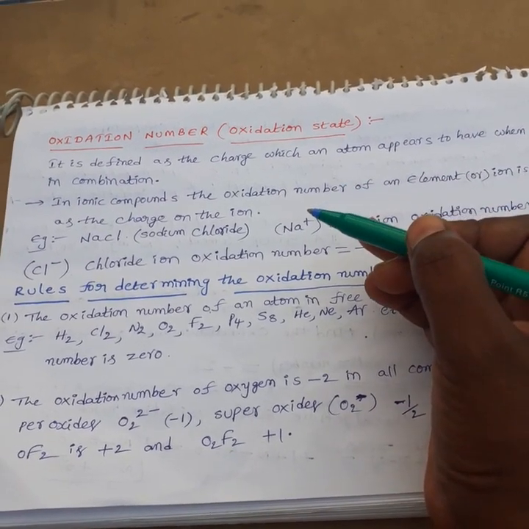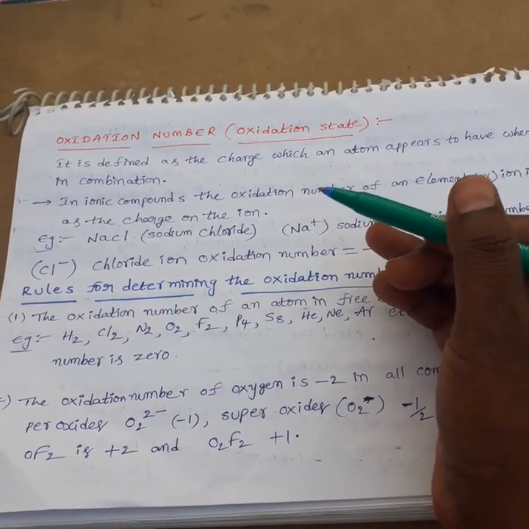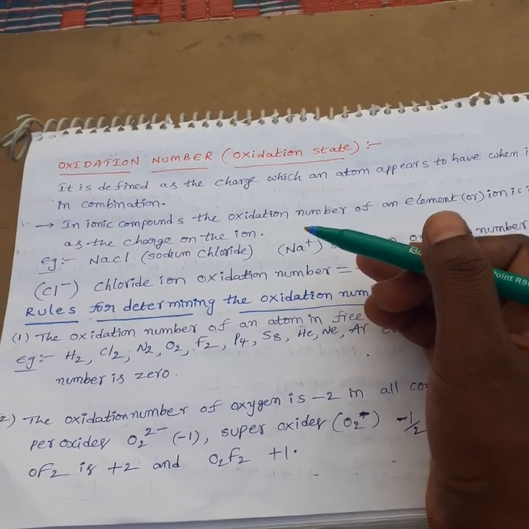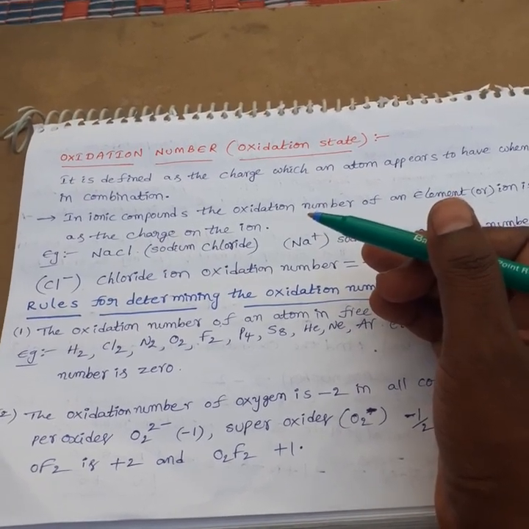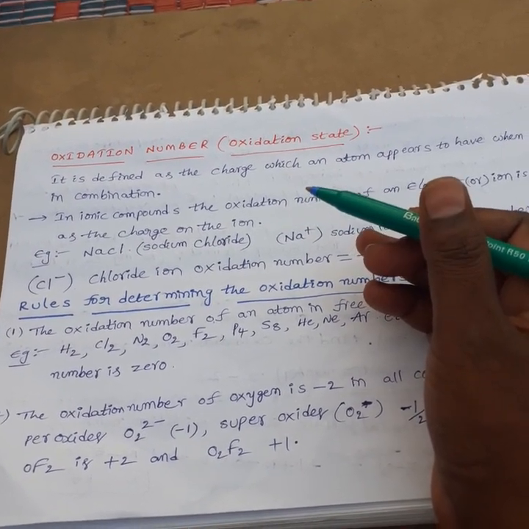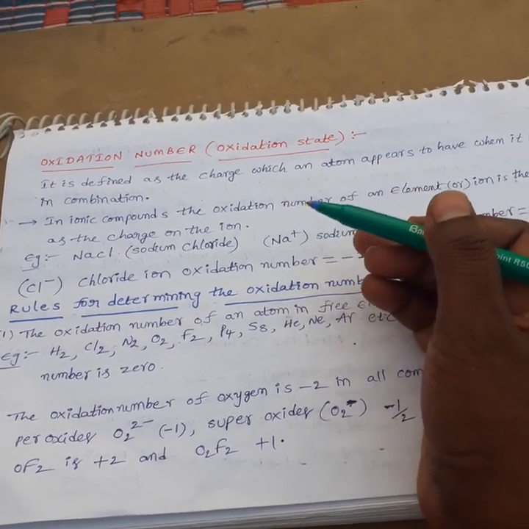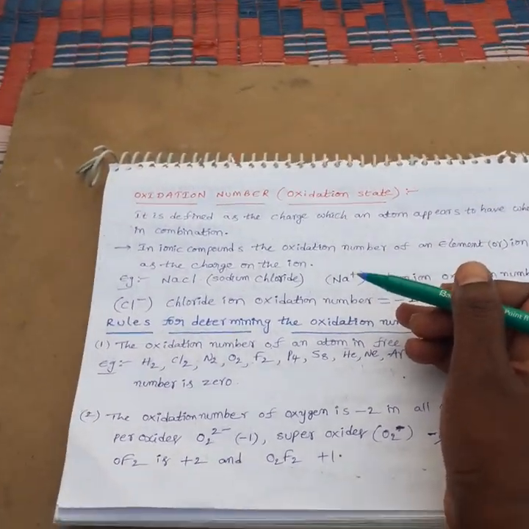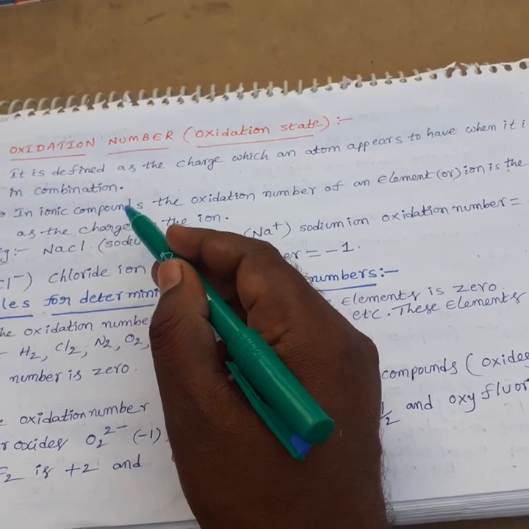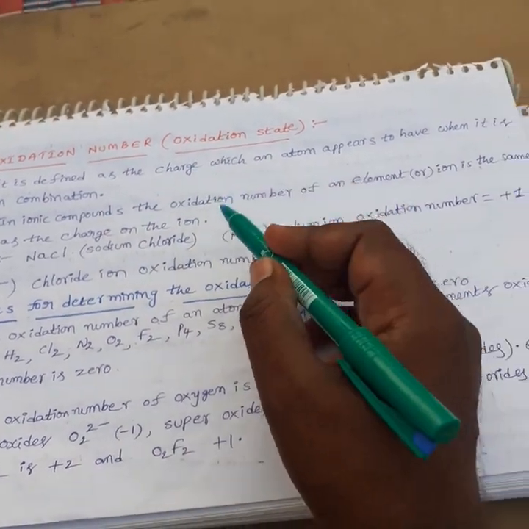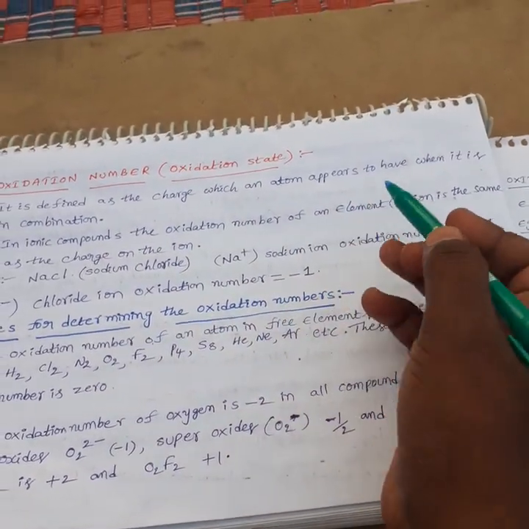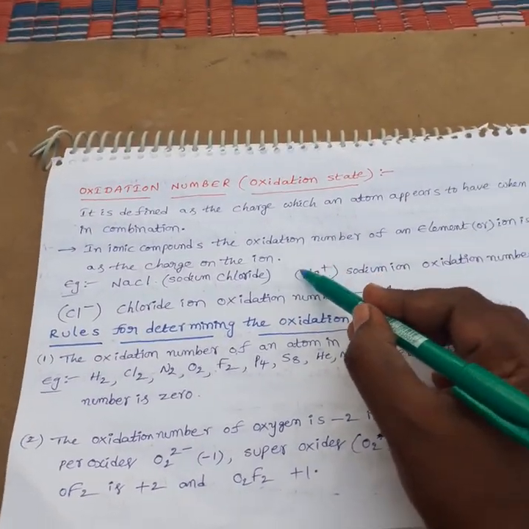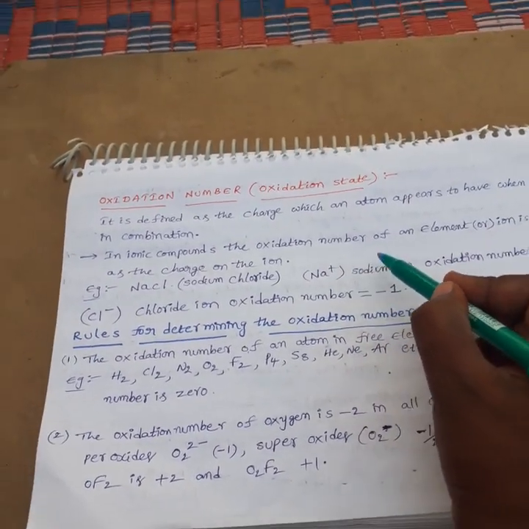Generally, in any type of molecule formation, two ions or two elements are combined to form a compound. In this condition, one ion contains a positive charge and another ion contains a negative charge. For example, in ionic compounds, the oxidation number of an element or ion is the same as the charge on the ion.